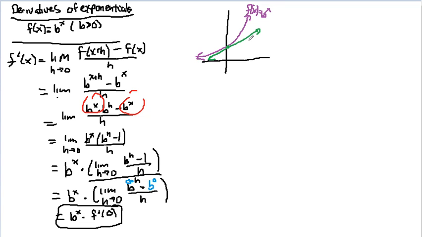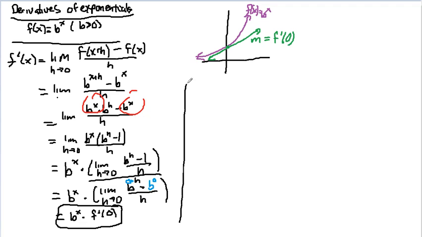So the slope of this line is equal to f prime at 0, which is the one that goes through that point. So if I want to find the derivative anywhere, all I do is I go up. If I want to find the derivative at 6, I go over 6, go up, find the y value, that's b to the 6th, and I multiply it by the slope of this line. So that's really pretty cool.